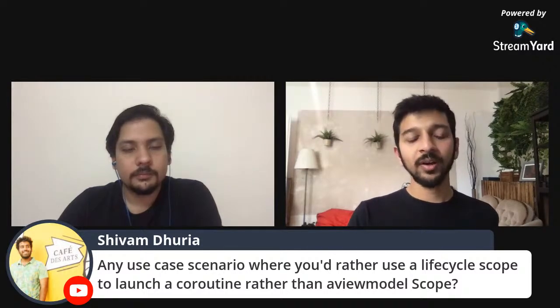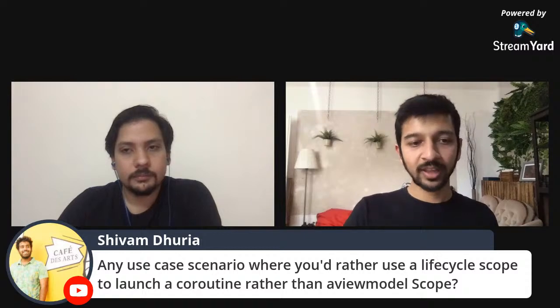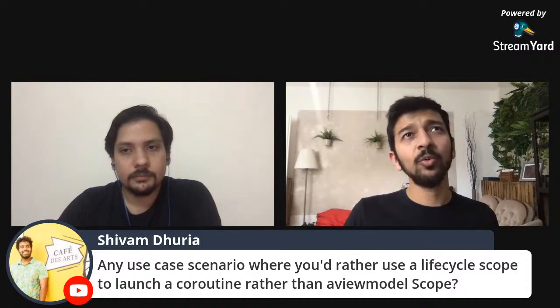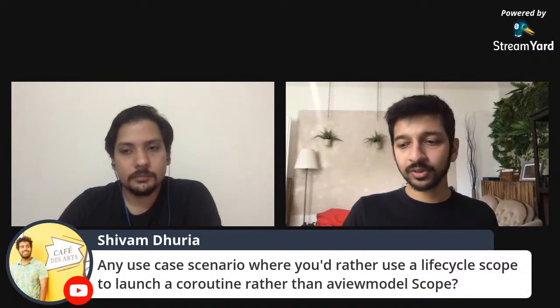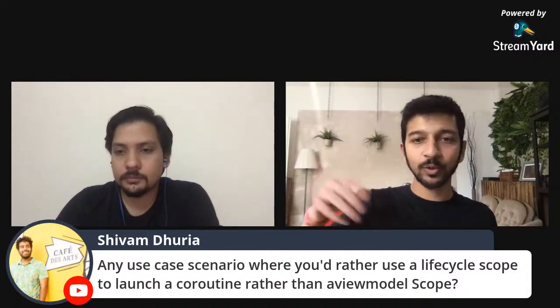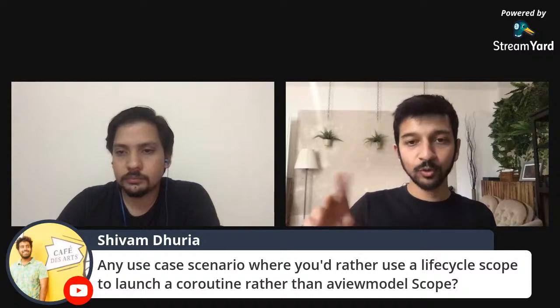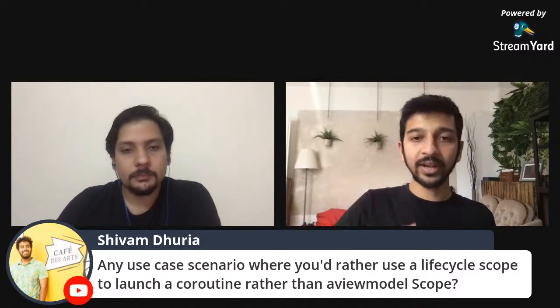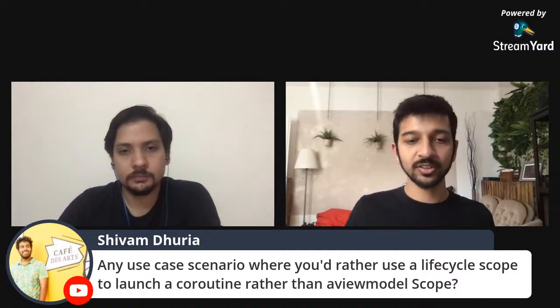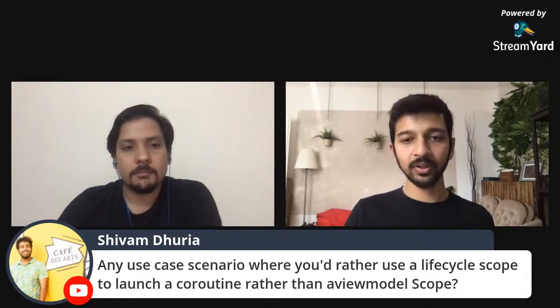I think that's a really interesting question. You would want to use lifecycle scope when, for example, you want to use something like flow bindings. If you have used RX bindings before, where you want to listen to edit text changes, you would use the RX bindings and convert it into an observable.